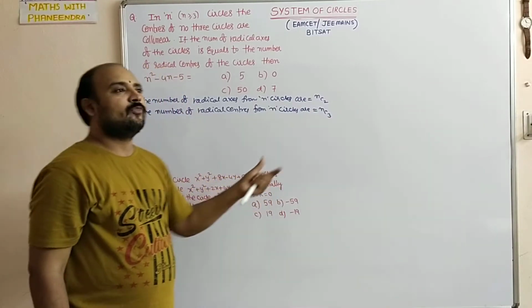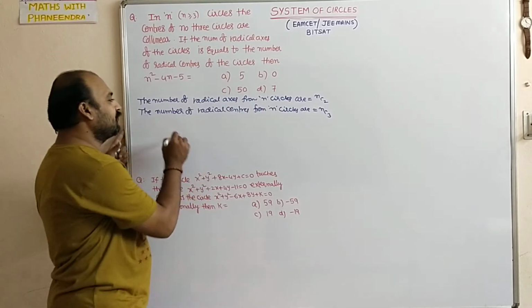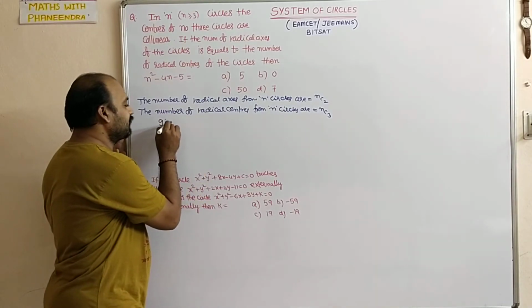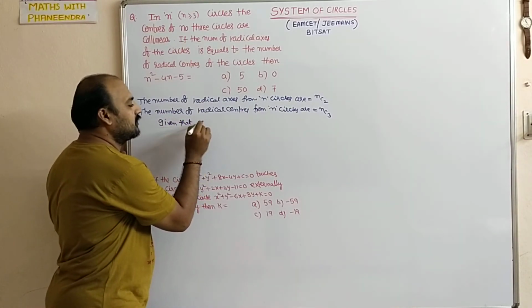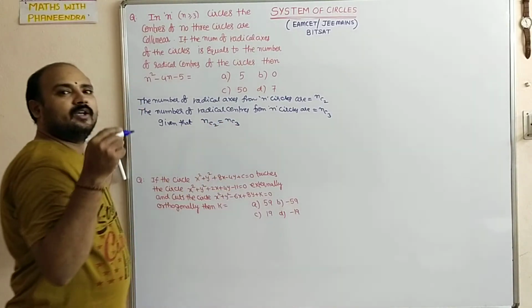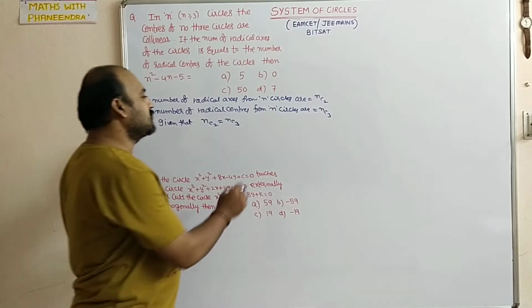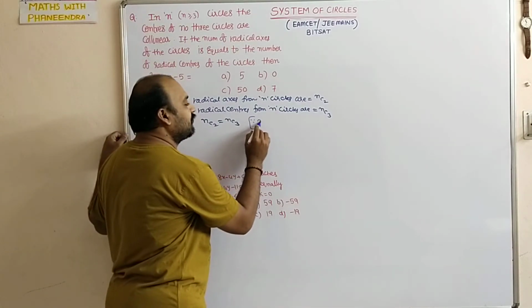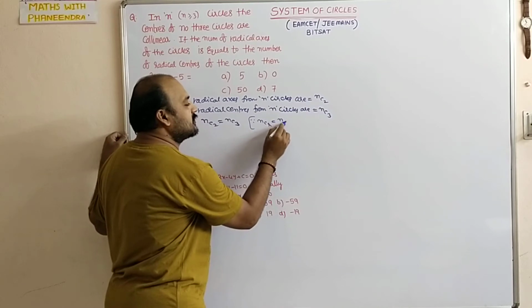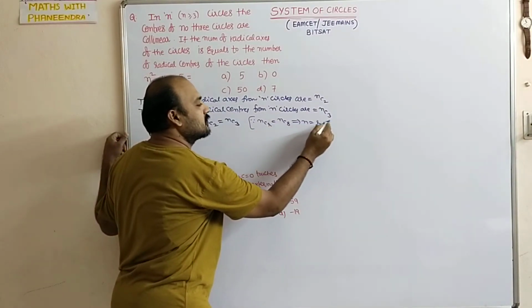According to the question, both are equal. So given that nC2 is equal to nC3. In mathematics 2A, from permutations and combinations, we have the formula: nCr equal to nCs implies that n is equal to r plus s.